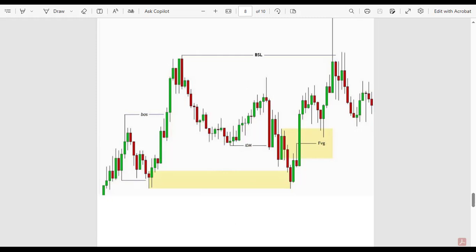There is a bit of interruption here. Let's take it out. Last example of how you can spot your bullish order block.